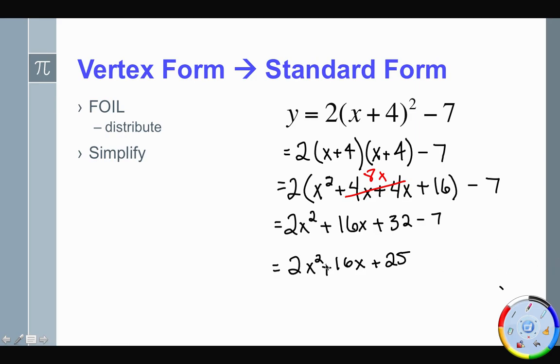And that's it. That is now in standard form. It is a quadratic. Our quadratic term is 2x squared, our linear term is 16x, and our constant term is 25.